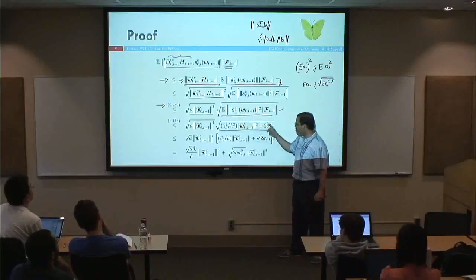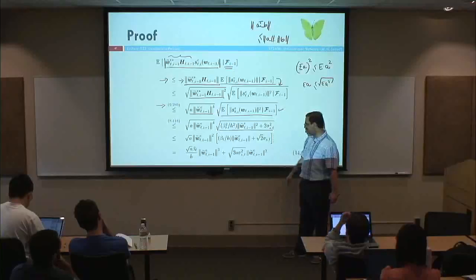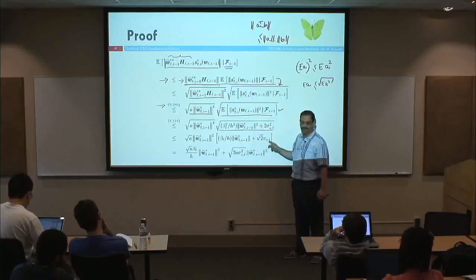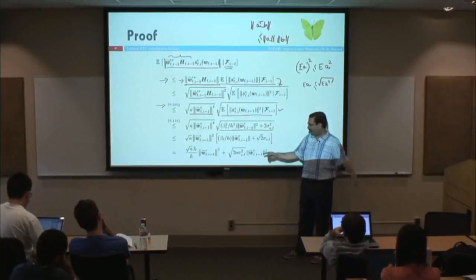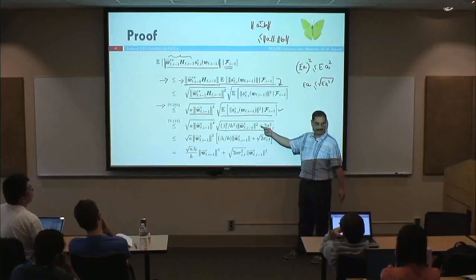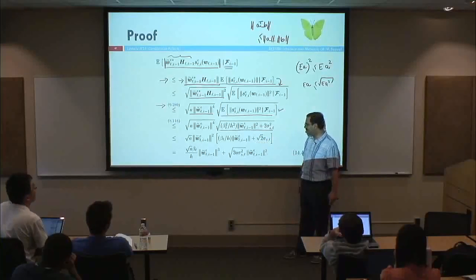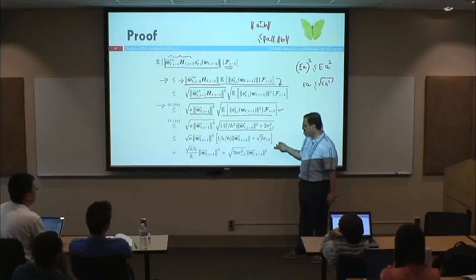Well, the square root of the sum of two squared quantities is upper bounded by the sum of the unsquared quantities. It's very easy to check. Just square this, it's larger than that. Right? If you square this, you get this square plus the cross term, right? Okay, so now multiply them together. What do you get?